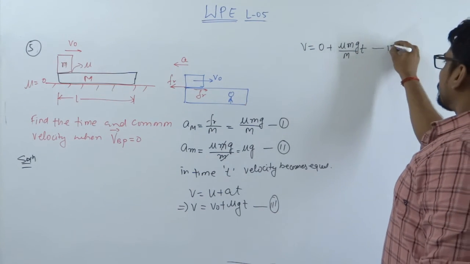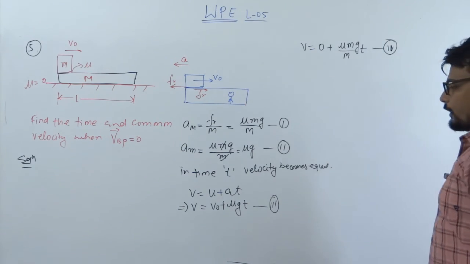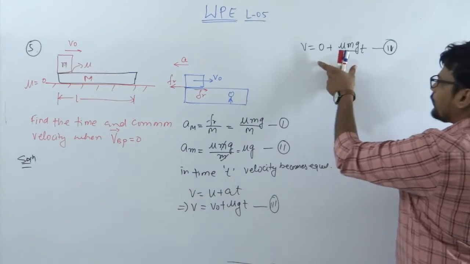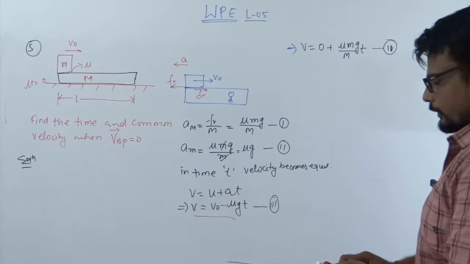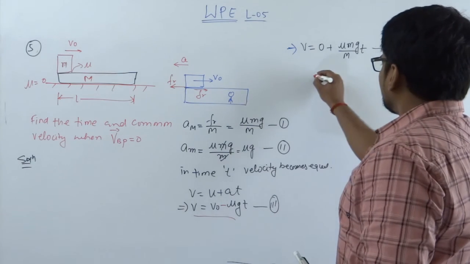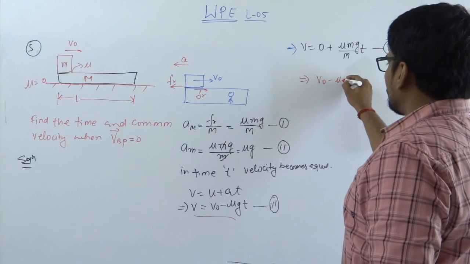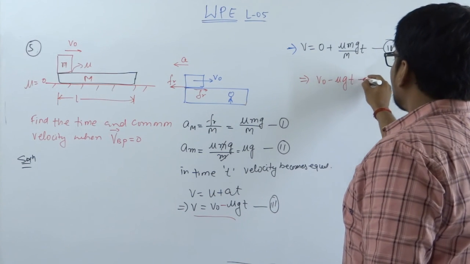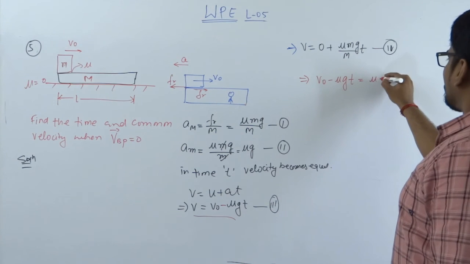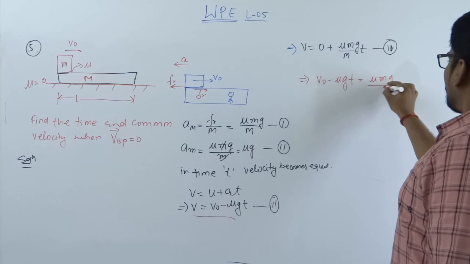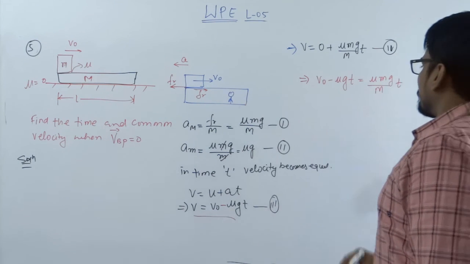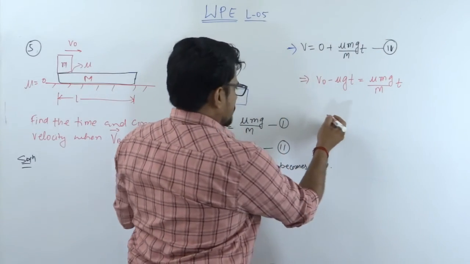Now both these velocities are equal, so I can easily equate these two and get the value of time. तो चलो इन दोनों को equate कर देते हैं. So we should have v naught minus mu gt is equals to mu times of mg upon capital M times of t. इसको solve कर लो easily, है ना.